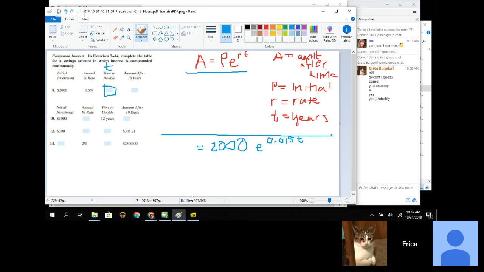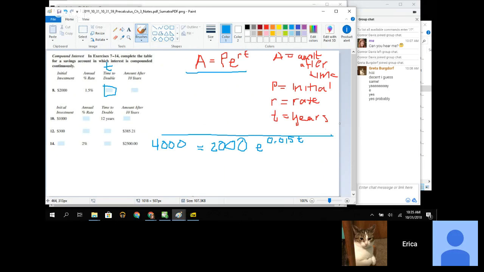Okay. And what does it mean if we double our initial amount? How much money do we have if we double it? We have $4,000, right? Is double 2,000? Last I checked. Okay.